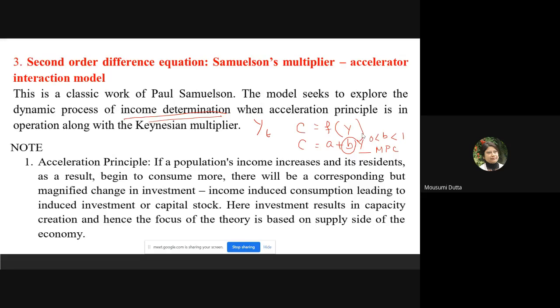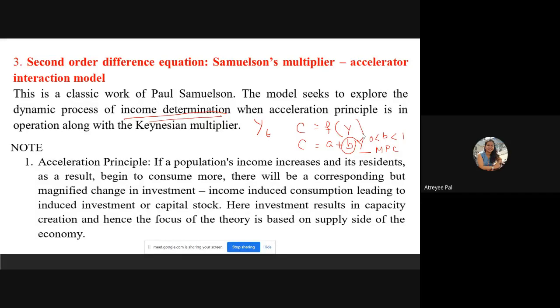B is actually dC by dy, MPC is dC by dy, change in consumption divided by change in income. So for the poor people, dC will be similar to dy, isn't it? Yes, ma'am. So MPC will be very close to 1, isn't it?